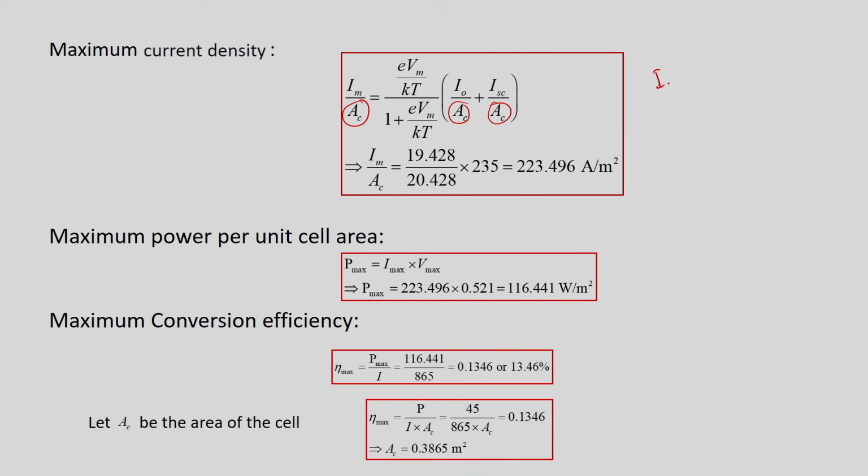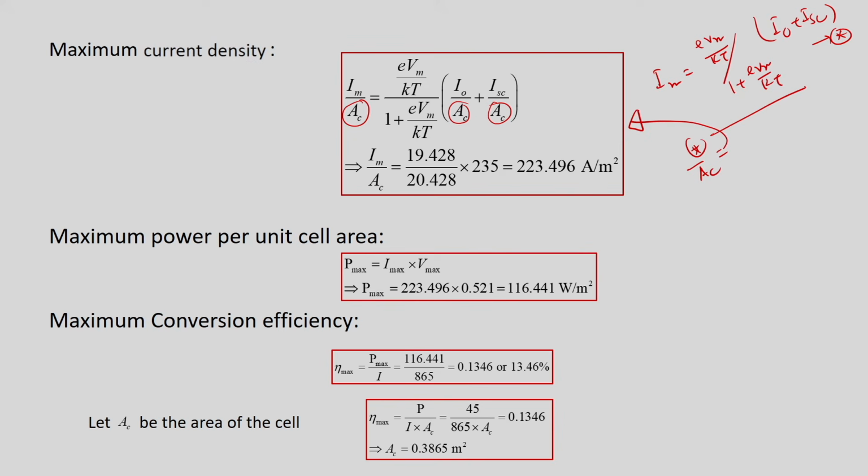That expression was Im is equal to eVm by kT, divided by 1 plus eVm by kT, times I naught plus ISC. If we divide this expression by AC, then the expression will be something like this.